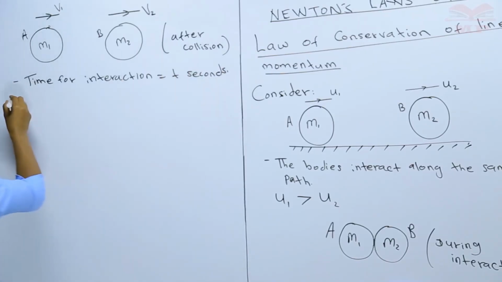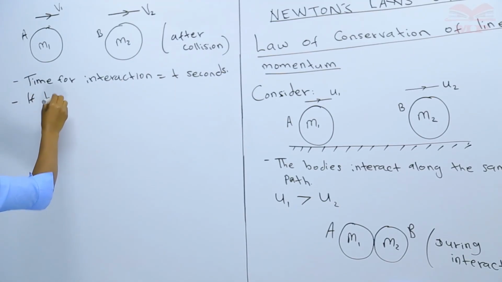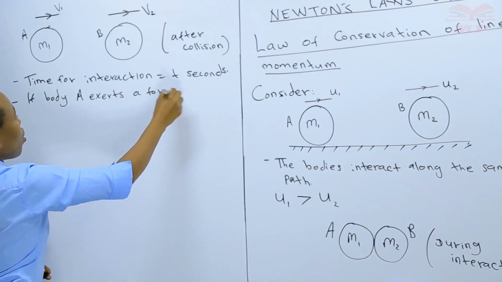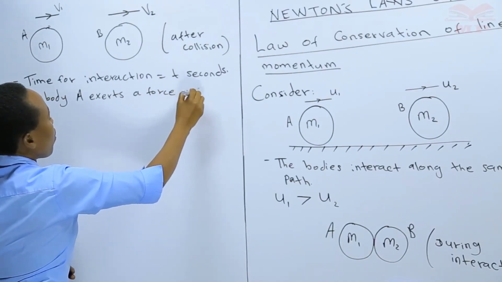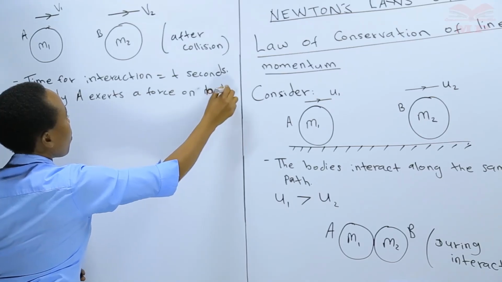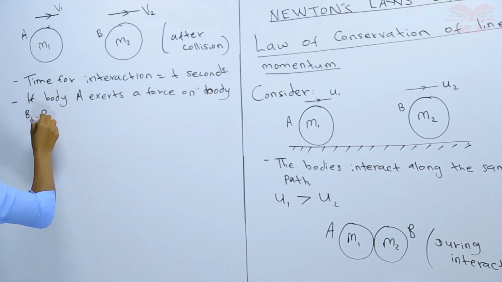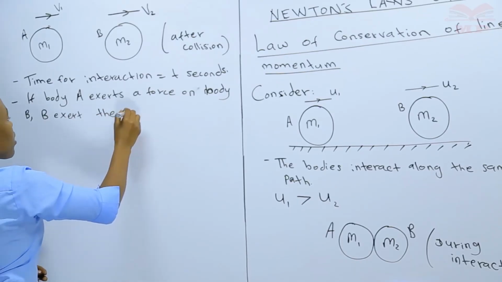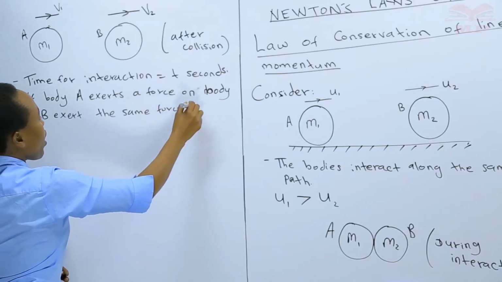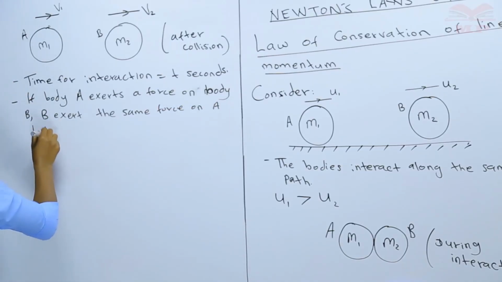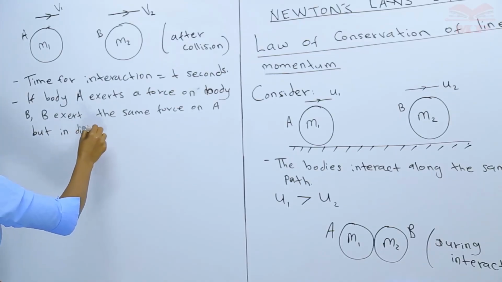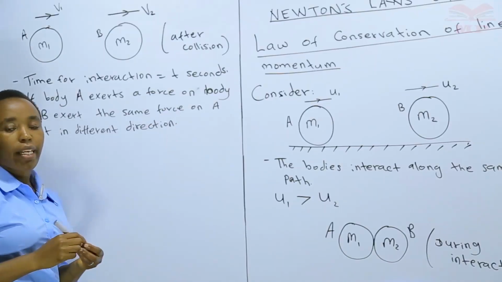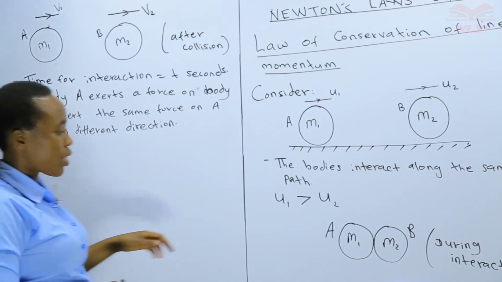And we are saying that if body A exerts a force on body B, again B will exert the same force on A, but in different direction, because we say that for every action there is an equal and opposite reaction.